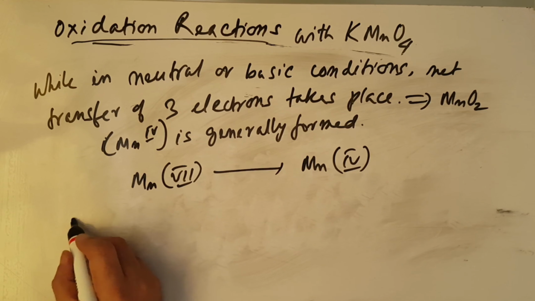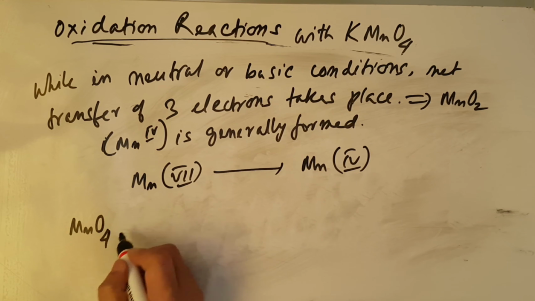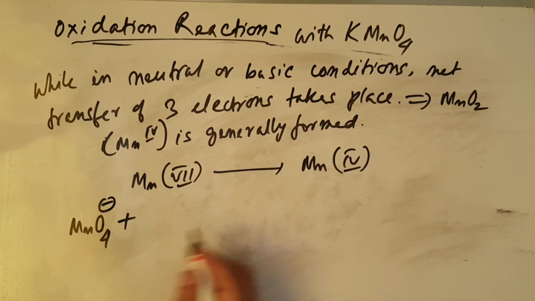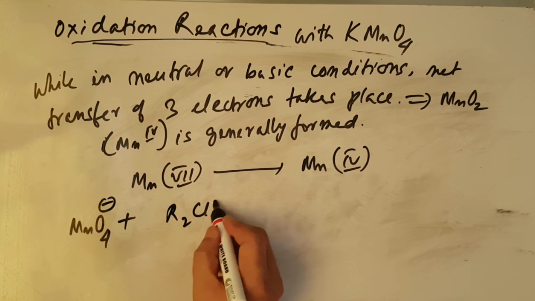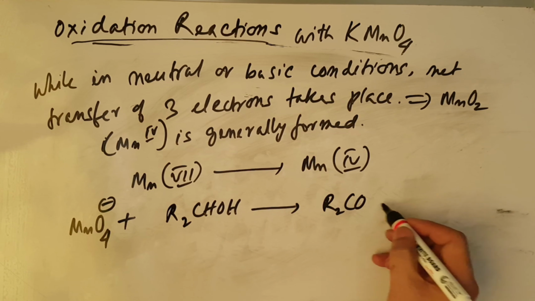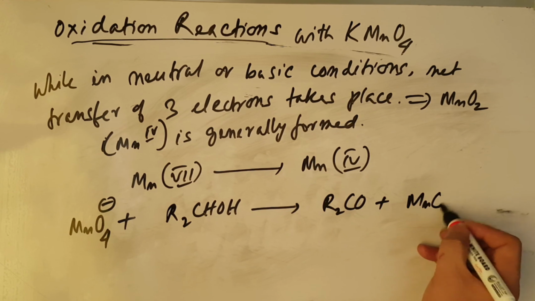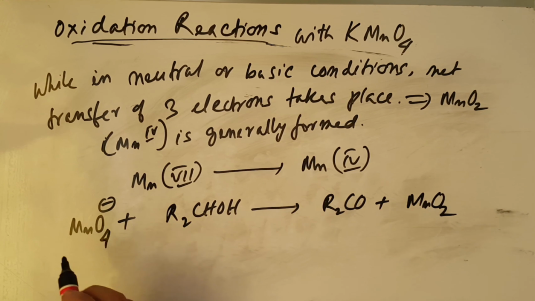So here MnO4 oxidizes this secondary alcohol to the ketone, and manganese dioxide is formed, from 7 to 4.